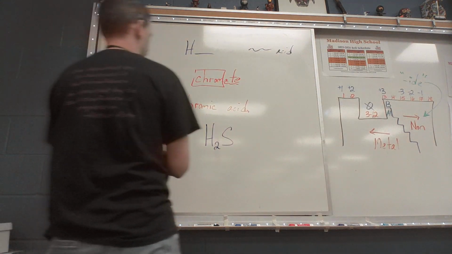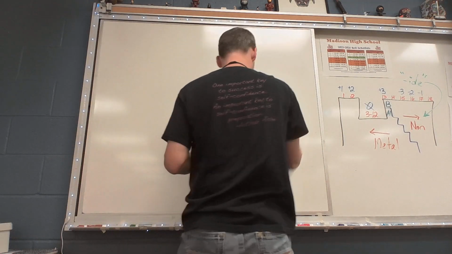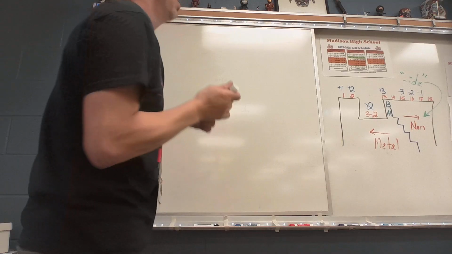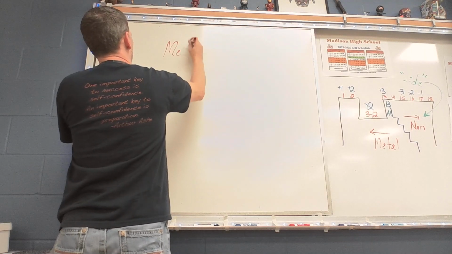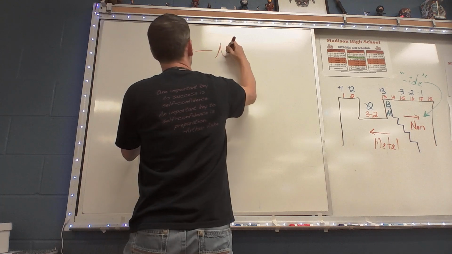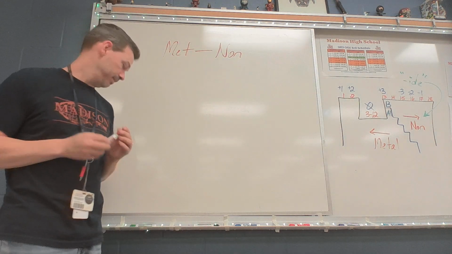Let's give it a go. All right, we're doing ionic now, which is going to be a metal bonded to a non-metal, or a polyatomic bonded to anything.